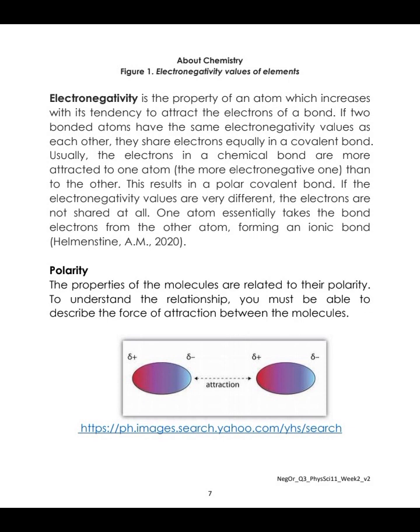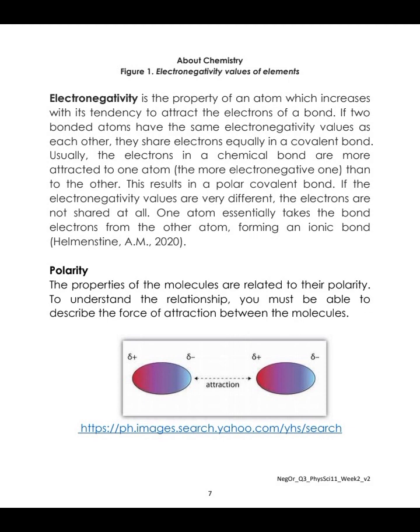If two bonded atoms have the same electronegativity values as each other, they share electrons equally in a covalent bond. Usually, the electrons in a chemical bond are more attracted to one atom, the more electronegative one, than to another. This results in a polar covalent bond.